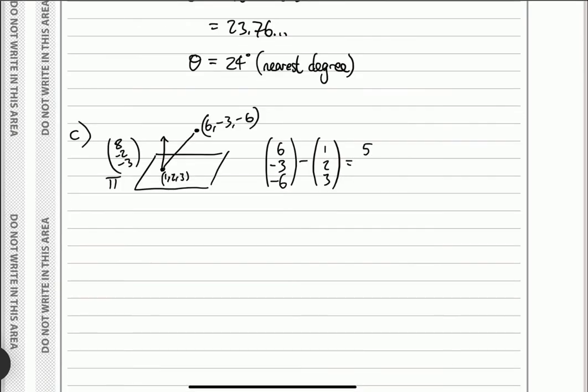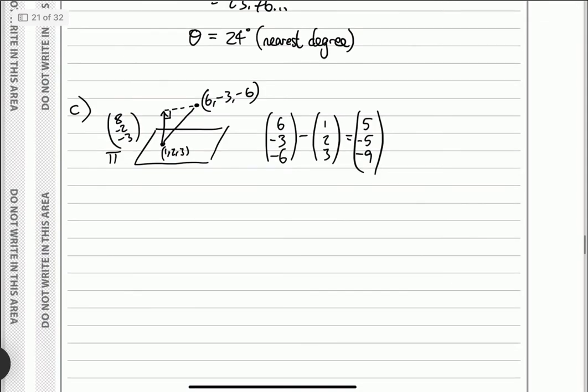So that's (5, -5, -9). So if we project that onto the direction of the normal, that will give us the perpendicular distance, i.e. the shortest distance between the point and the plane.